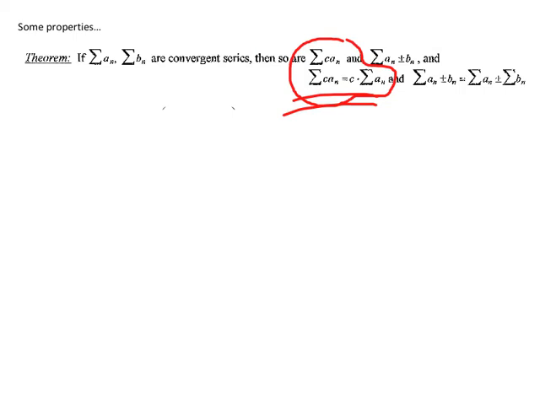And if I have two convergent series and I add them, the sum of the general terms is the sum of the individual series. Since they have finite sums, and I add or subtract those finite values, I will get another finite value, so this will also converge.